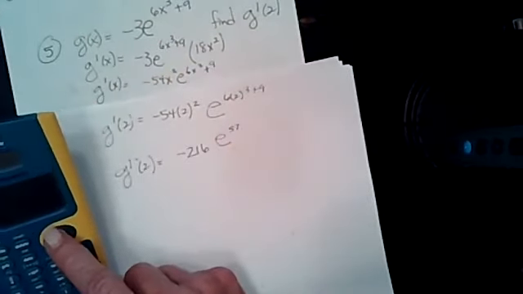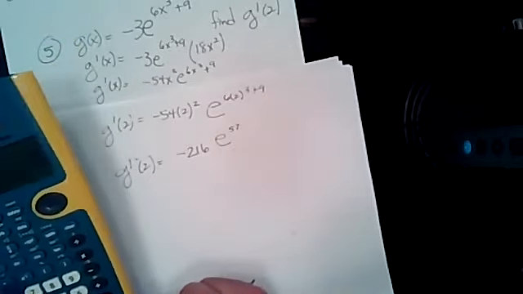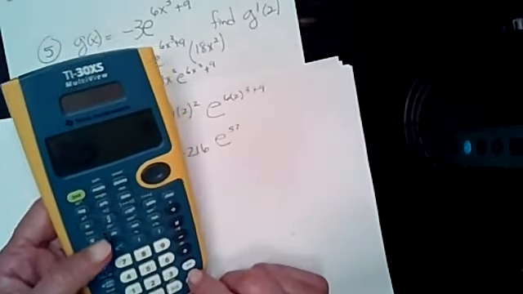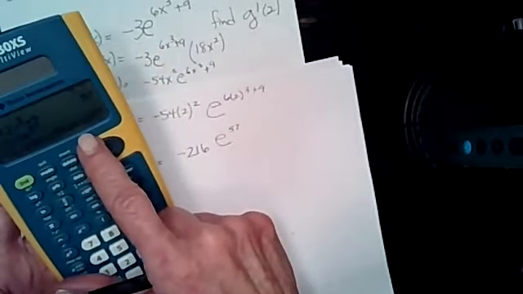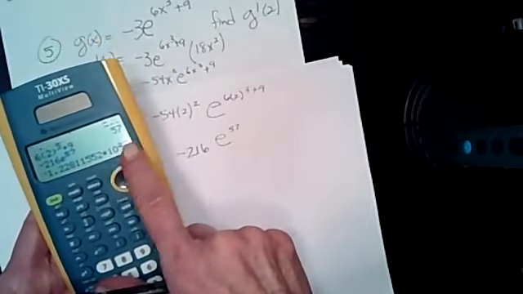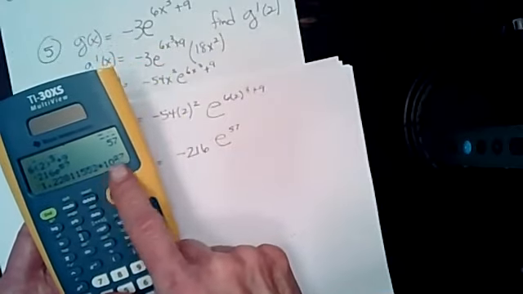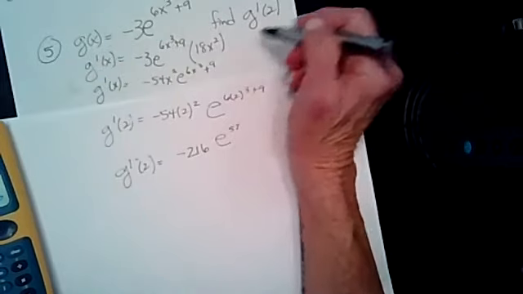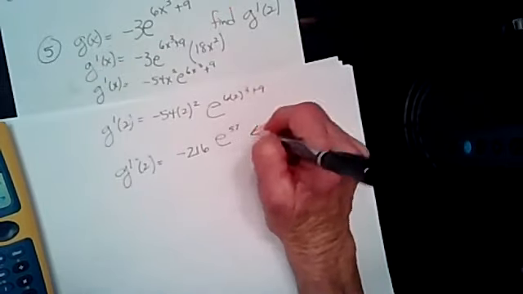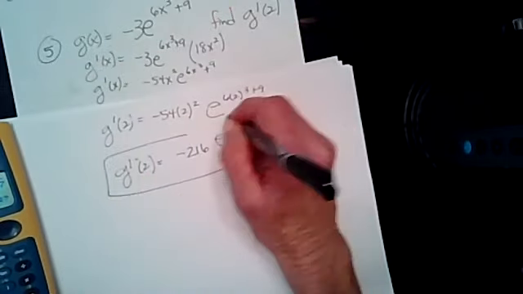It makes a huge number if you tried to put that into the calculator. It would make scientific notation, and the calculator won't take it. So when you evaluate g prime of 2, when you evaluate the e, you're just going to leave it in terms of e.